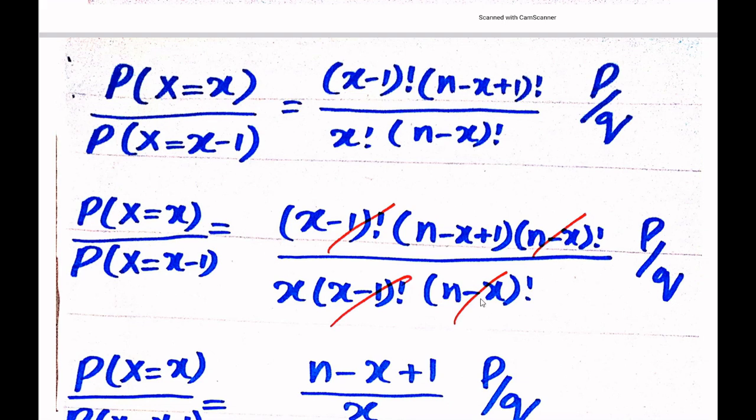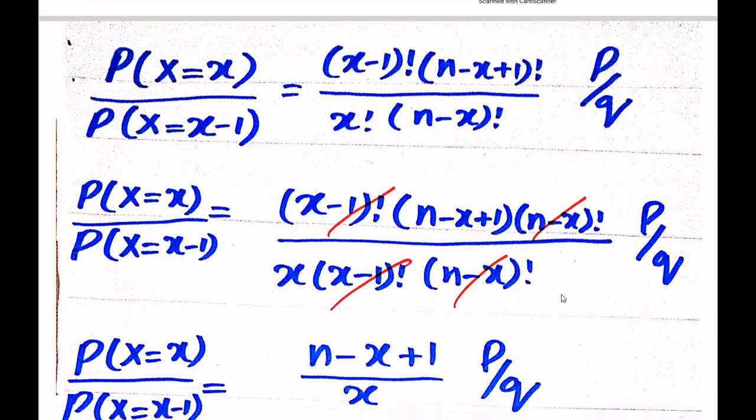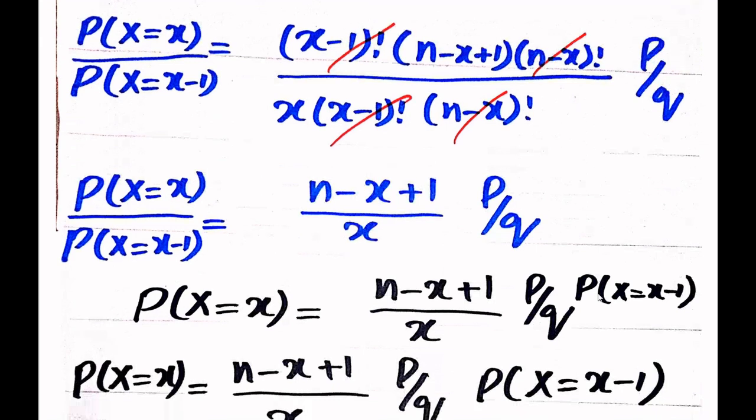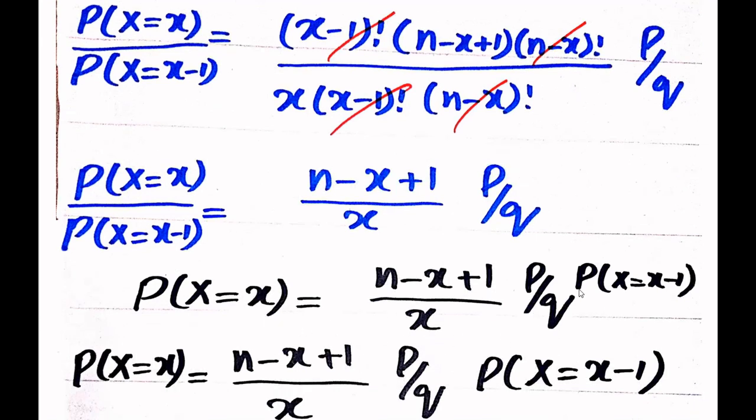In this equation, we need this number, so we also expand the factorial (n minus x plus 1) and decrease by one number to (n minus x) factorial. So cancel out and we have this number, multiplied on the right side. So we prove the second part, which is probability of capital X is equal to small x is equal to (n minus x plus 1) divided by x times p over q times probability of capital X is equal to x minus 1.